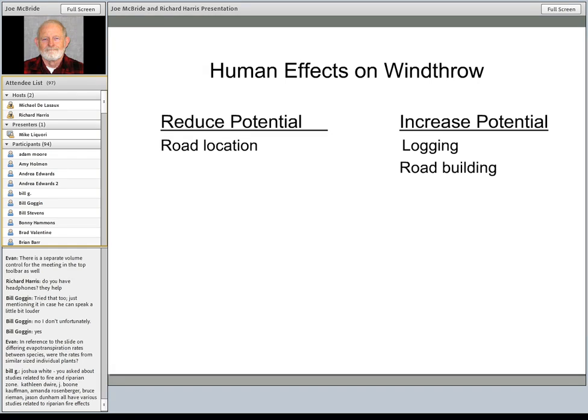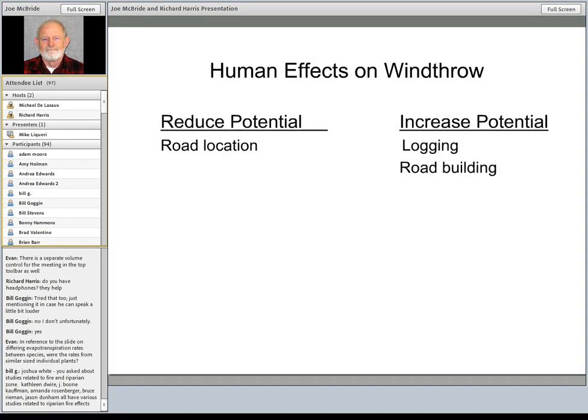Proper road location can reduce this potential in some areas where the roads are built parallel to the incoming wind direction. Those road openings can act like funnels to accelerate the wind, and then where you have a turn in the road, the trees at that location are exposed to higher velocity winds.